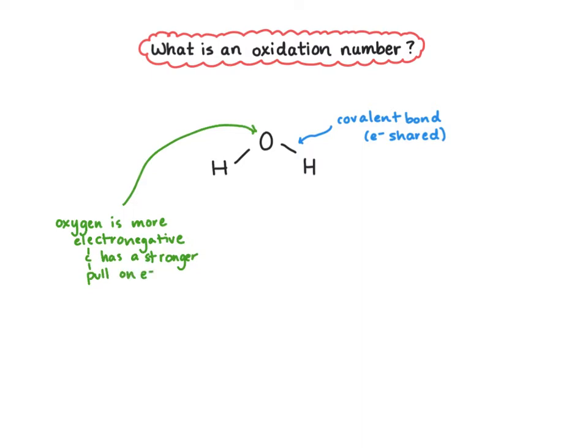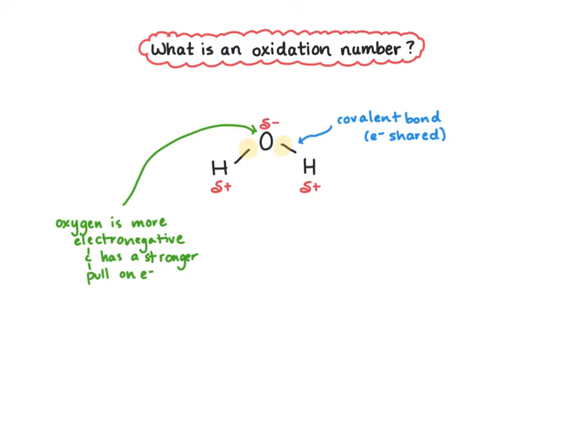So, in this bond, our electrons, which I'm going to represent as yellow highlighter, are going to be focused closest to the oxygen, leaving our hydrogens with partial positive charges, which we represent with the letter delta, and our oxygen with a partial negative charge.